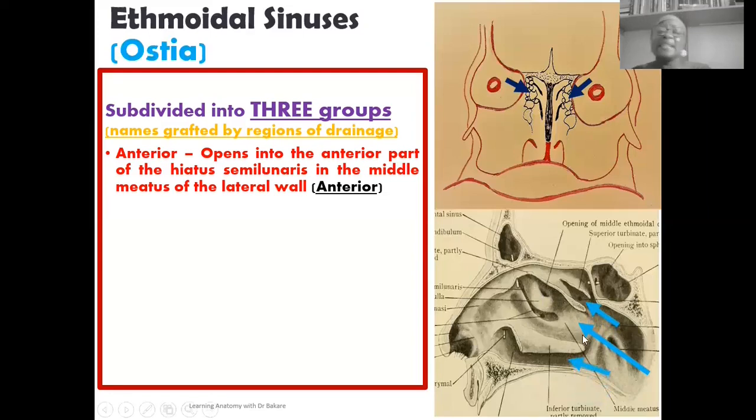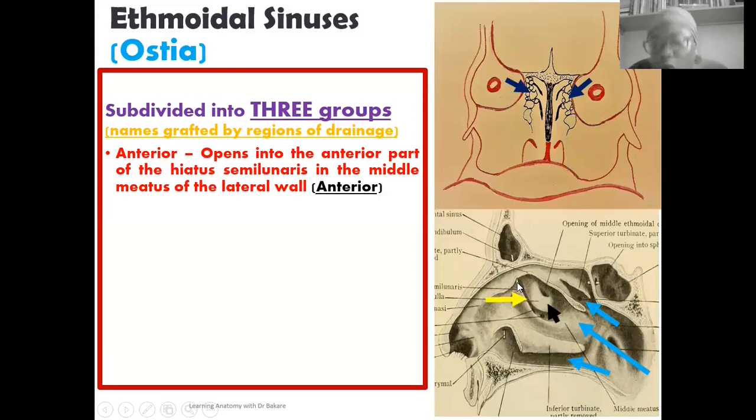We already stated in our previous slide that within the middle meatus, we have a specific projection. And this specific projection here is the ethmoid bulla. This ethmoid bulla is like an elevation that is created within the middle meatus. And after an elevation, we would have a depression. And this depression is what is called the hiatus semilunaris. In the anterior part of the hiatus semilunaris, we have the opening of the frontonasal duct, which is draining the frontal sinus.